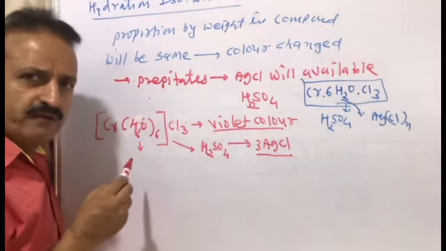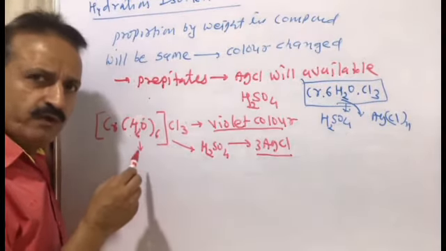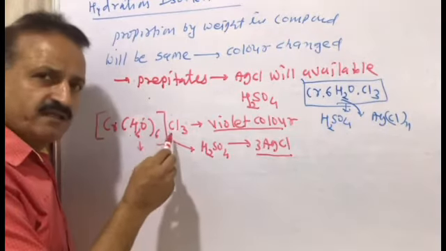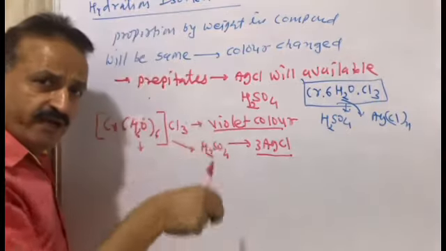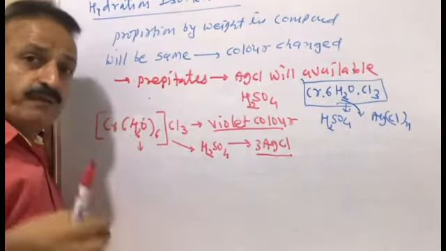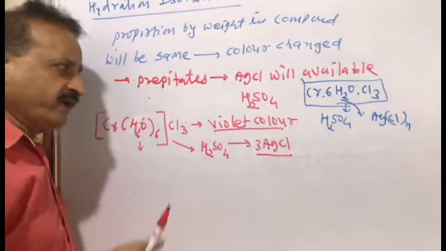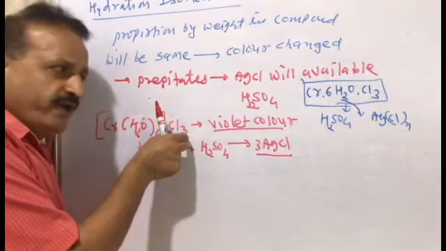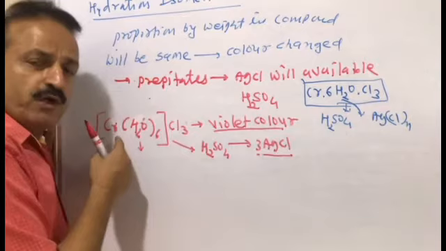As a ligand, there are 6 water molecules, and as an ion there are 3 chloride. When it reacts with H2SO4 and silver is present, silver will react with 3 chlorine, and we are having 3 AgCl molecules. It proves that no water molecule is released.